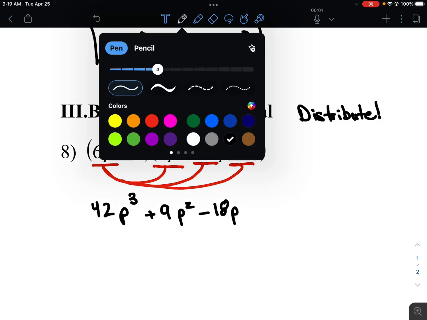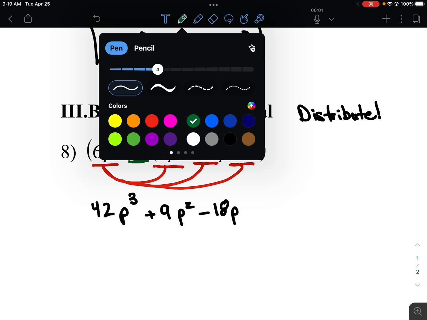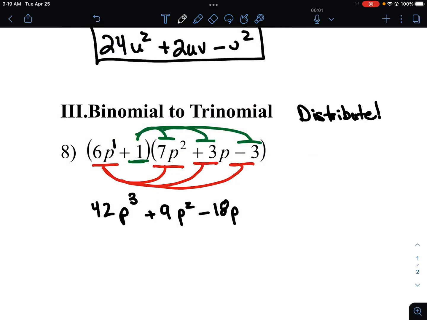So I distributed the 6p to everything. You want to repeat that process with the 1. So I'm also going to distribute it to all 3 of the terms. Now, when you do that, it's helpful to notice we have 7p squared. Notice how I put it underneath the other p squared. That's going to make your life easier. 1 times 3 is plus 3p. And 1 times negative 3 is minus 3.